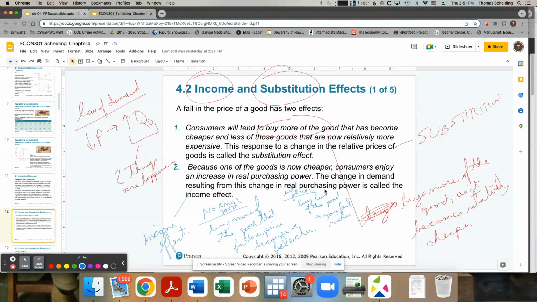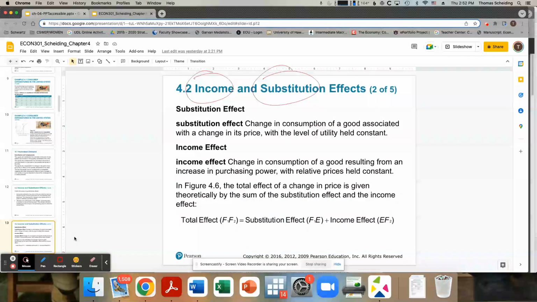But no matter what, the substitution effect always overwhelms either. Either the income effect is reinforcing the substitution effect when it's a normal good, just adding on to it, buying more of the good, or in the case of an inferior good, this is a very weak effect, and the substitution effect overwhelms it. And that's kind of what we have described here. So I'm not going to say much more about this because I've just said it.